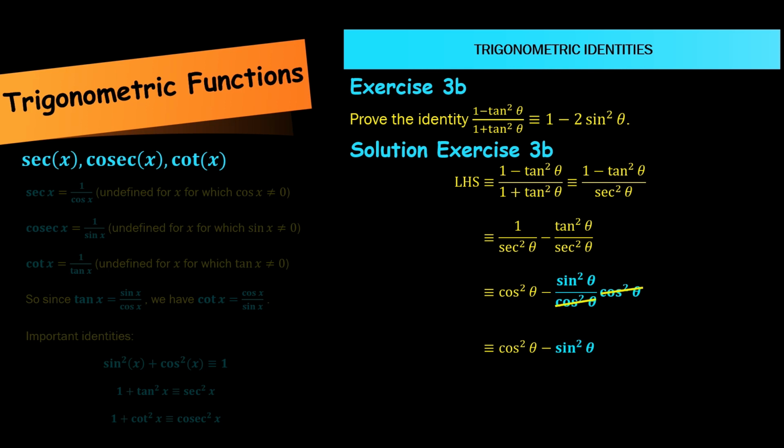The cos squareds cancel, as shown, to leave us with sine squared. And so we have cos squared minus sine squared. And keeping an eye on what we're trying to prove, let's now replace cos squared with 1 minus sine squared, to give us 1 minus 2 sine squared theta, which is identical to the right-hand side of the expression we were trying to prove.